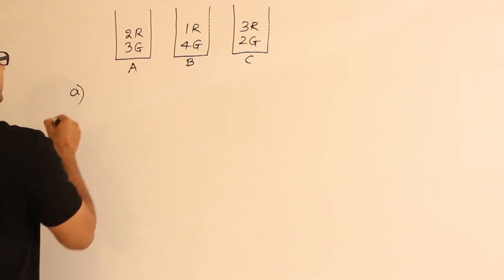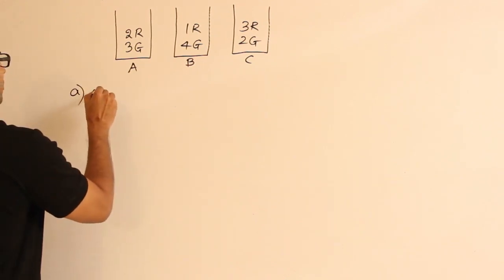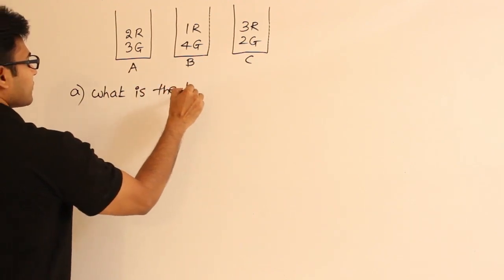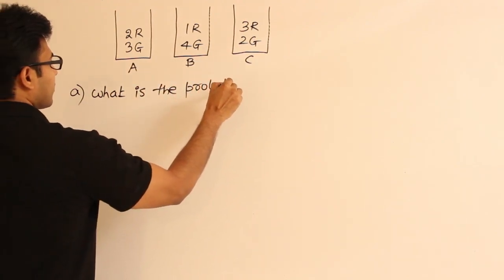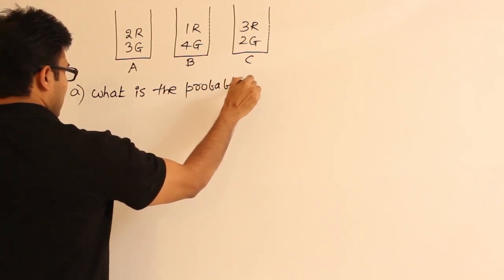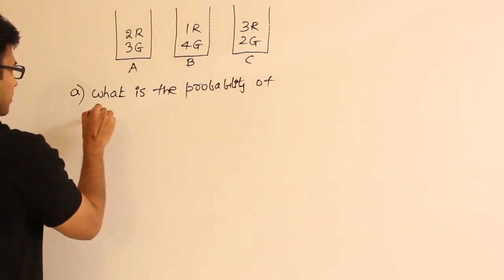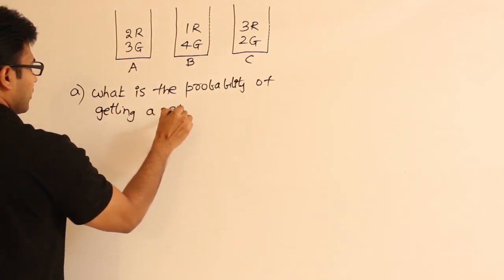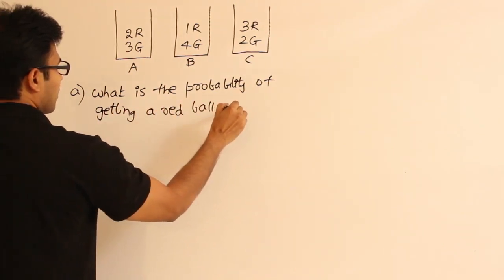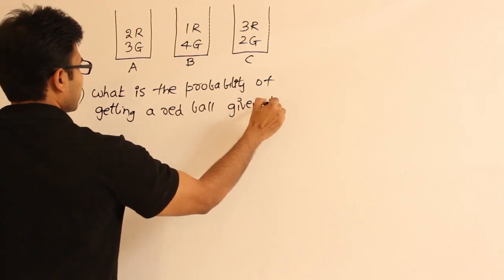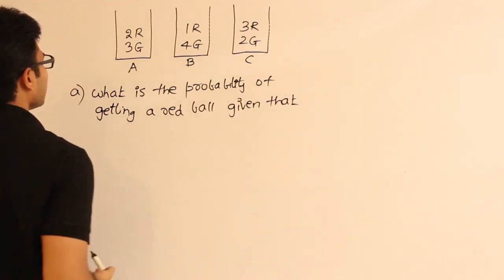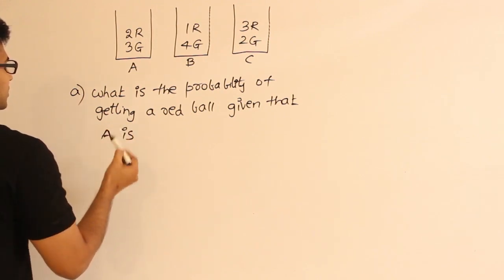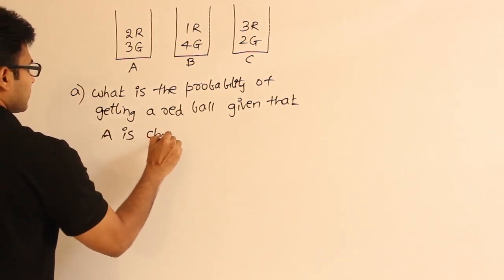Question A is, what is the probability of getting a red ball given that A is chosen?